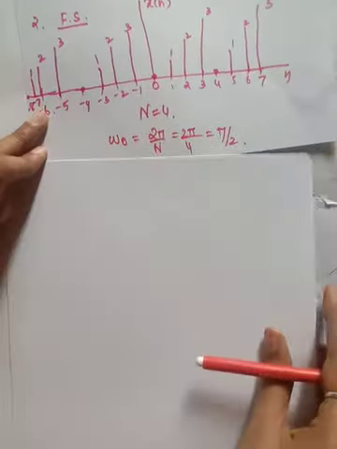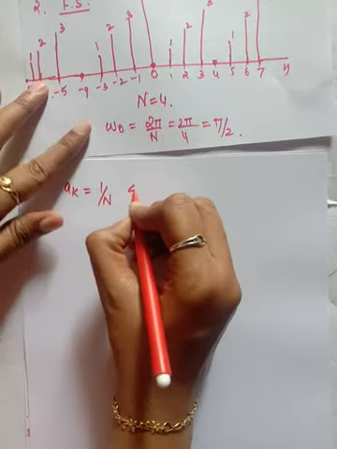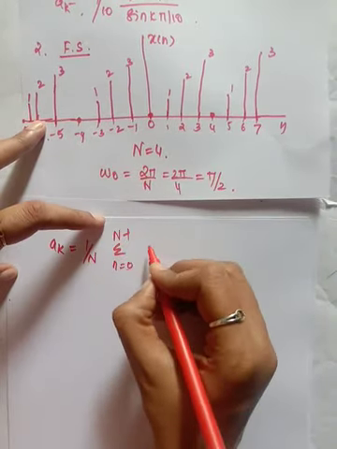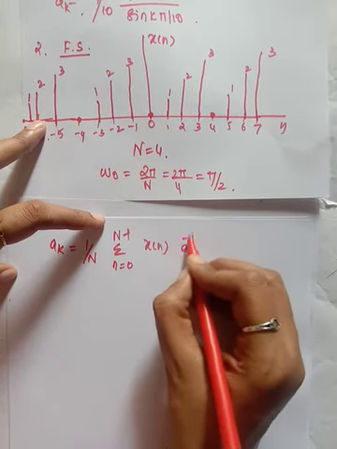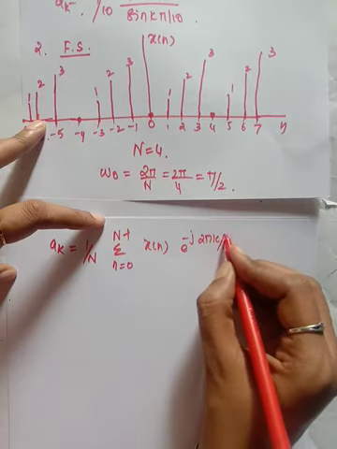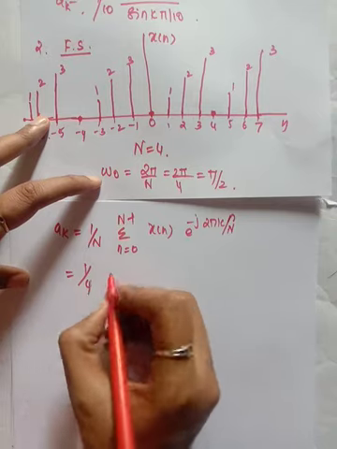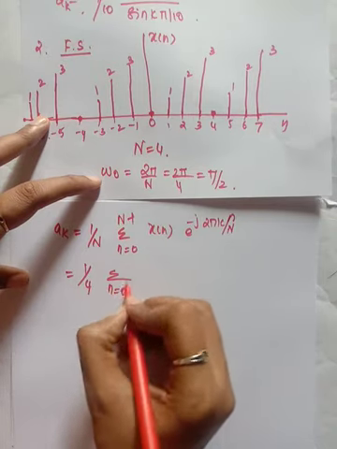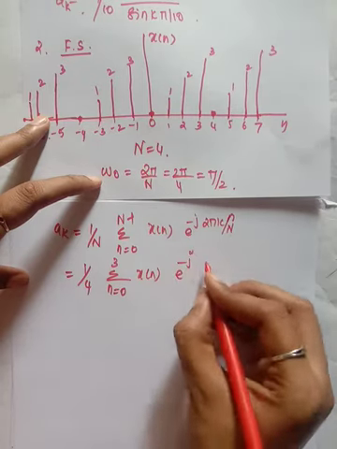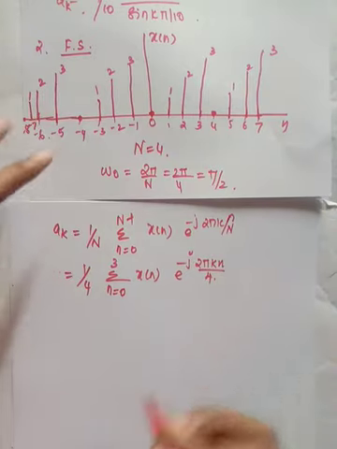So here consider a_k, this is the formula, right? a_k equals 1/N summation n equal to 0 to N minus 1, x[n] e^(-j2πkn/N). Now the period is 4, so summation n equal to 0 to 3, x[n] e^(-j2πkn/4). So this is the formula.